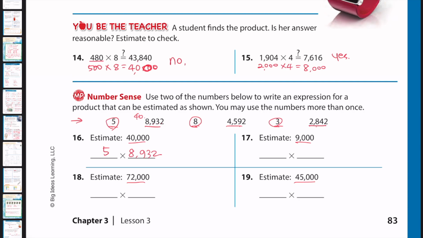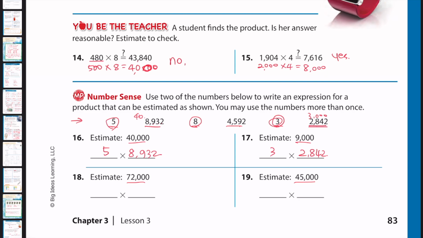Let me see. 5 times something. 505,000. 5 times 5,000, no, that's going to be 25,000, right? Round up. What about 3? Yeah, 3 times this, round to 3,000. That means 9,000, right? So 3 times 2,842. What about 72,000? This needs to be a big number.